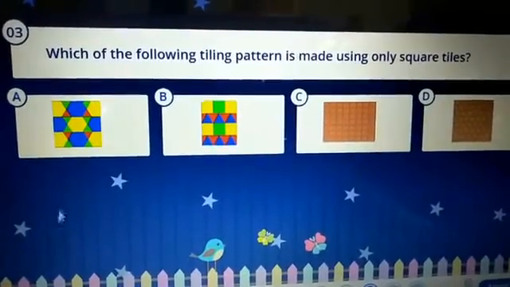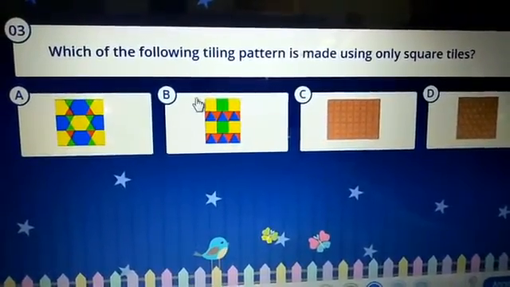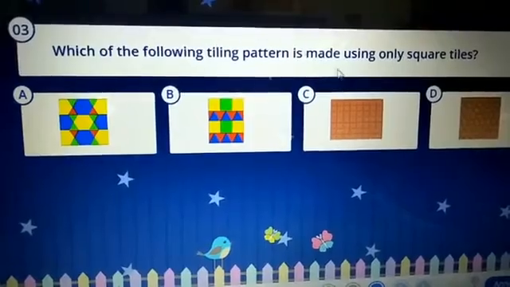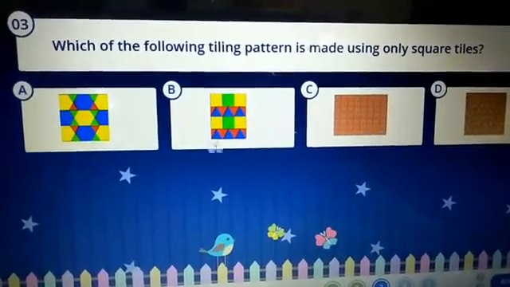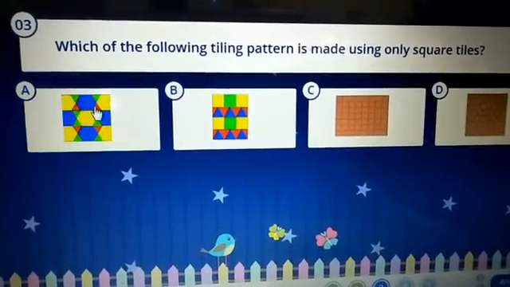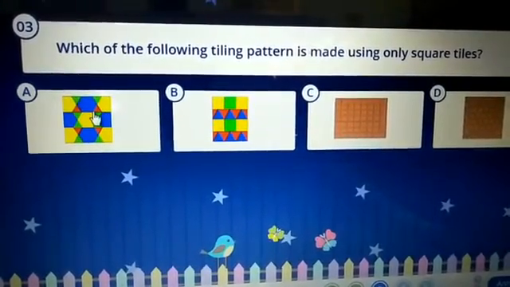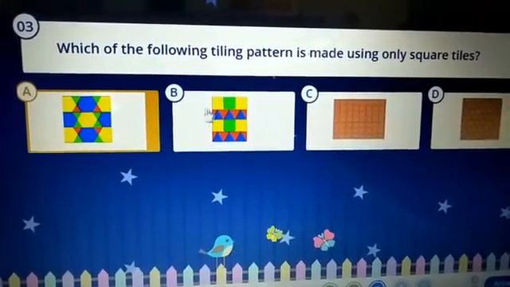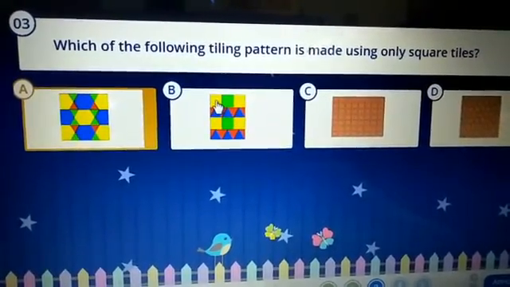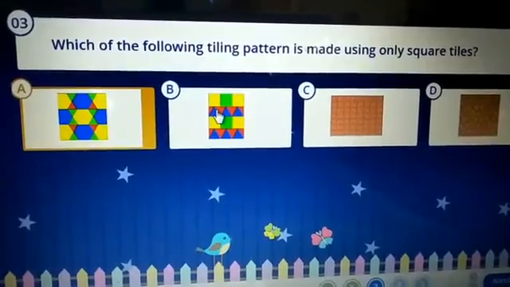The third question. Which of the following tiling patterns is made using only square tiles? See here, is there any square? No. This is a square, but here there is a triangle also.